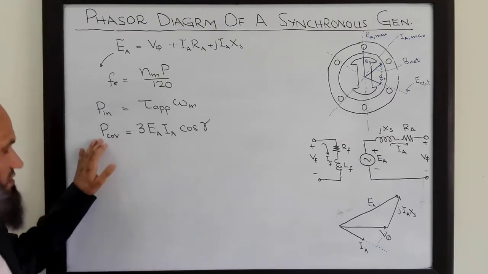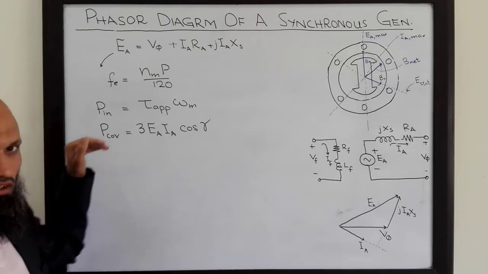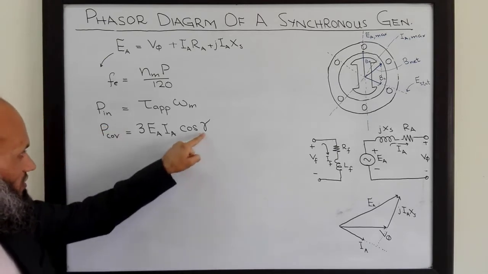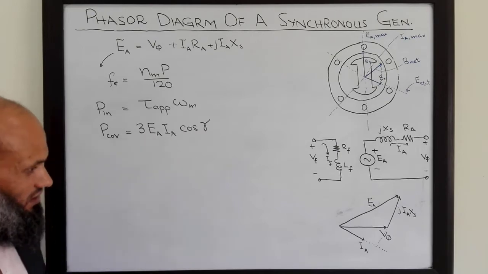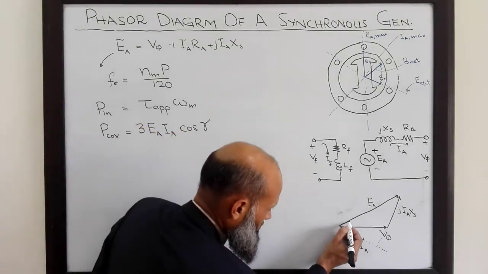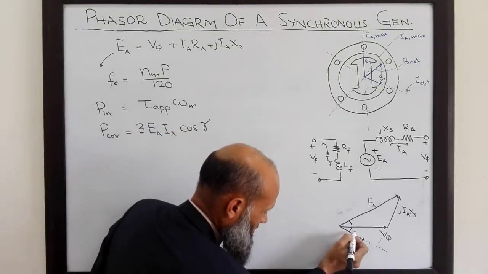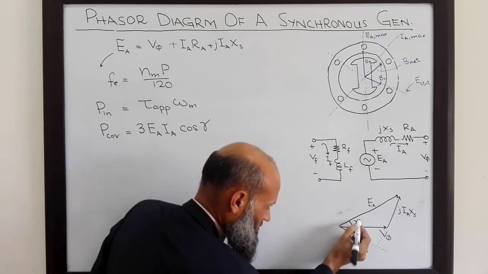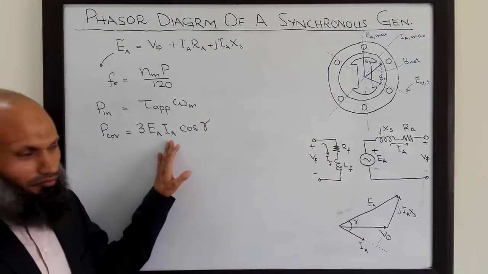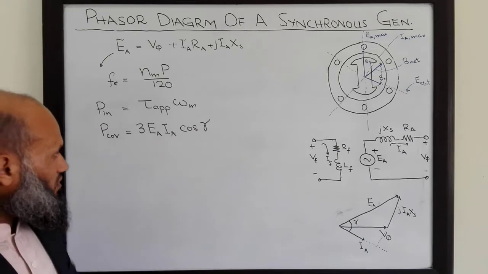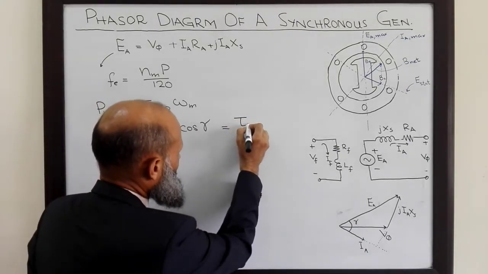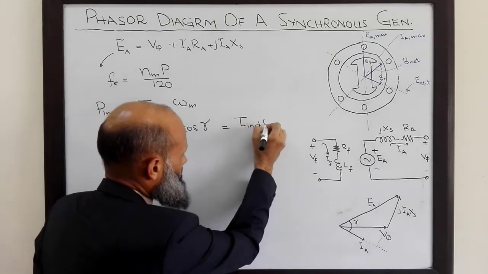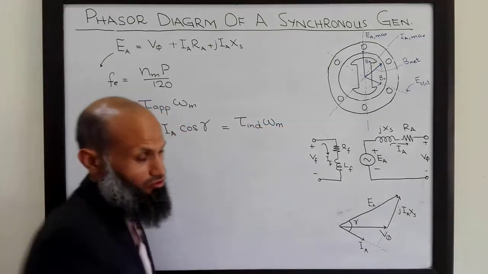That is the power converted into electrical power, where gamma is the angle between these two phasors EA and IA. In terms of mechanical quantities, that is also equal to the torque induced multiplied by the speed of rotation of the rotor.